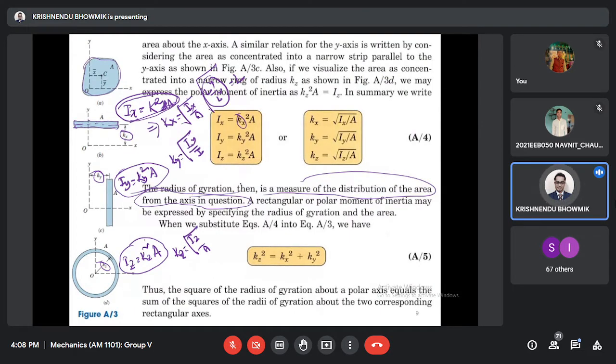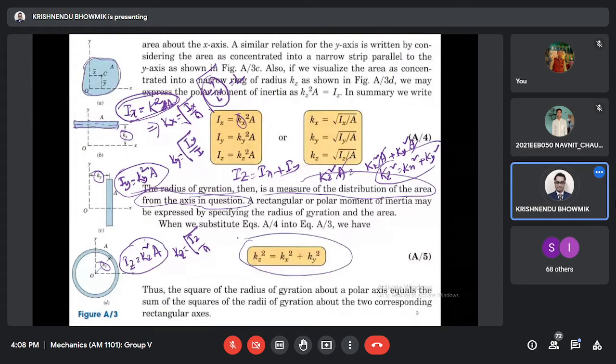Now as we know, Iz equal to Ix plus Iy, that means kz square A equal to kx square A plus ky square A. If I cancel out A, it is kz square equal to kx square plus ky square. This is the relationship of the radius of gyrations with respect to polar coordinate.